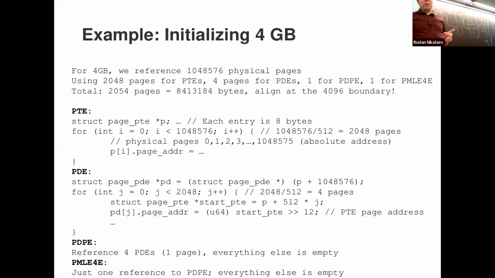Now here we have to calculate the address of the page directory, not of the page table, and put the corresponding entry. Don't forget that you have actually 512 entries in a page, but we only use 4 entries in level 3. So what do we do with the other entries?